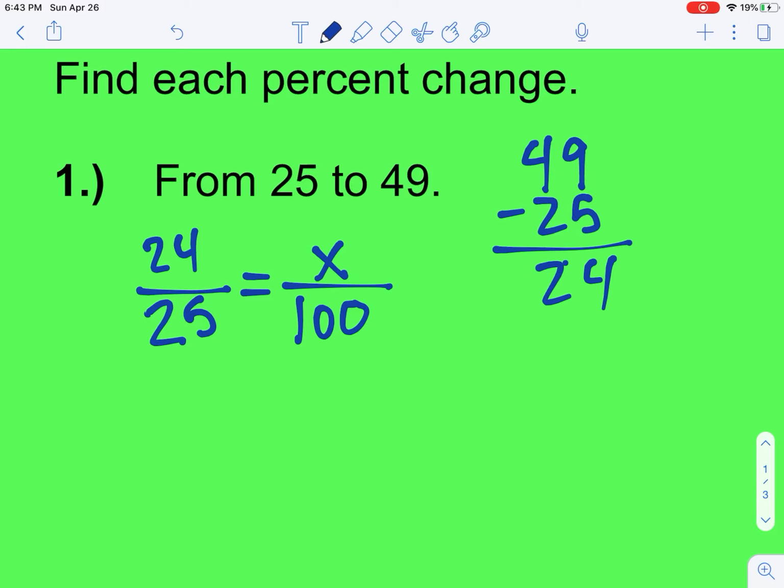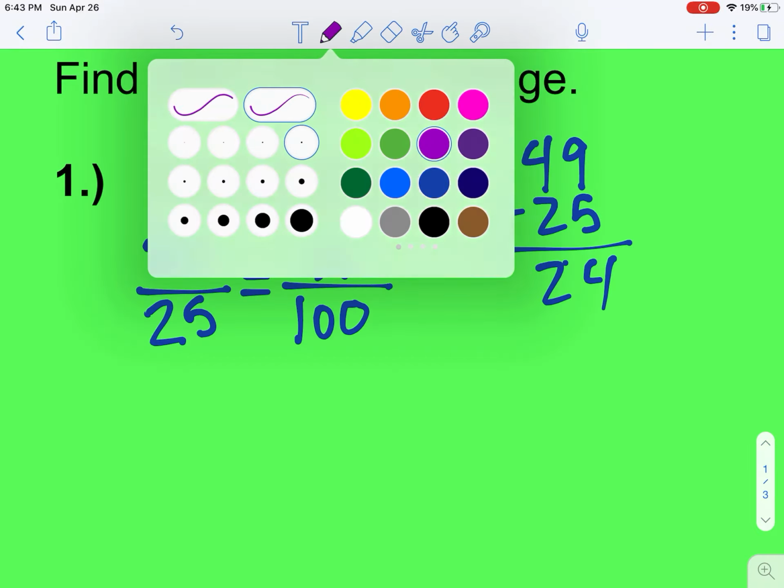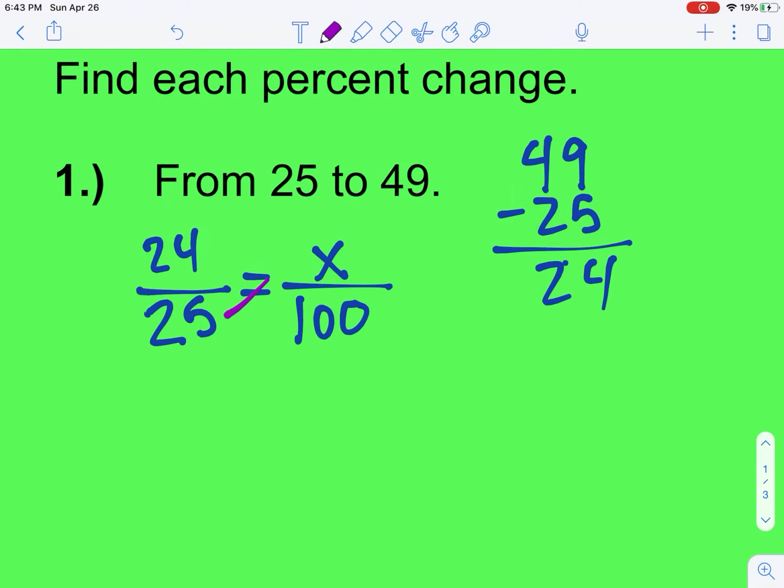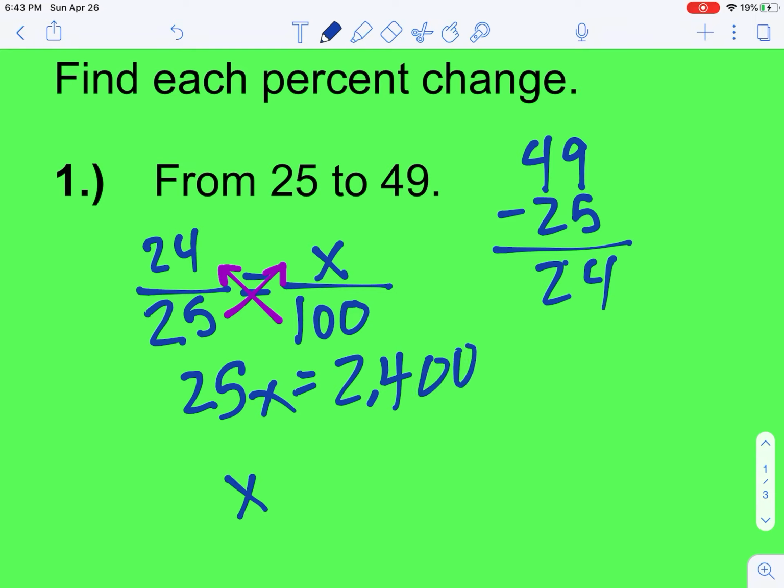Now, it might be helpful for you to make sure that you have a calculator out in front of you. That's something that we've talked about in each one of our lessons here the last few weeks. So now I can go ahead and cross multiply and divide to get 25x equals 2,400. And then we divide by 25 on both sides, and we get, what is that?